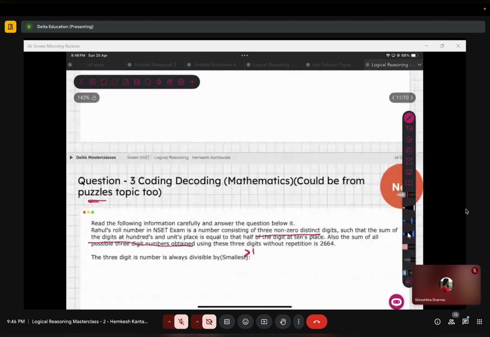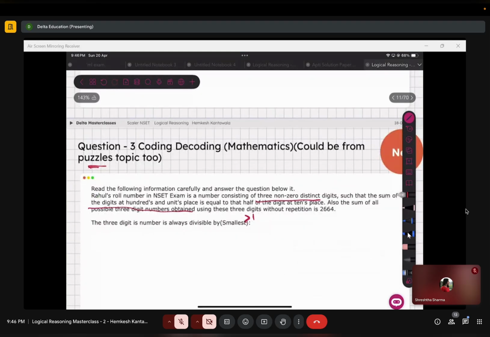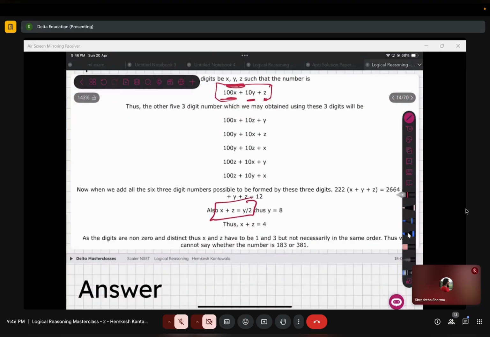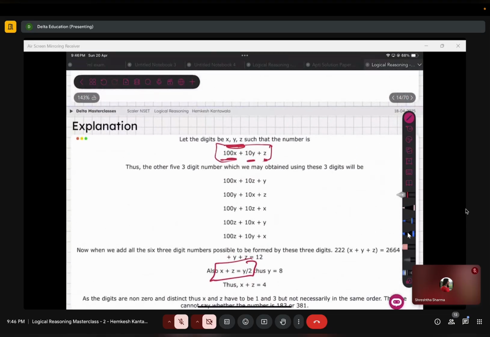Now, next, it is also said that the sum of all the possible three-digit numbers obtained is 2664. Artha, you are correct. 3 is the correct answer. So all the possible numbers: x could be at hundreds, y could be at hundreds, z could be at hundreds. X could be at tens, y could be at tens, x could be at ones. Right?